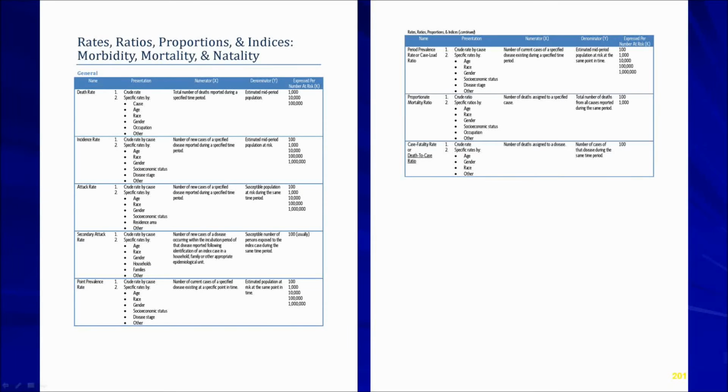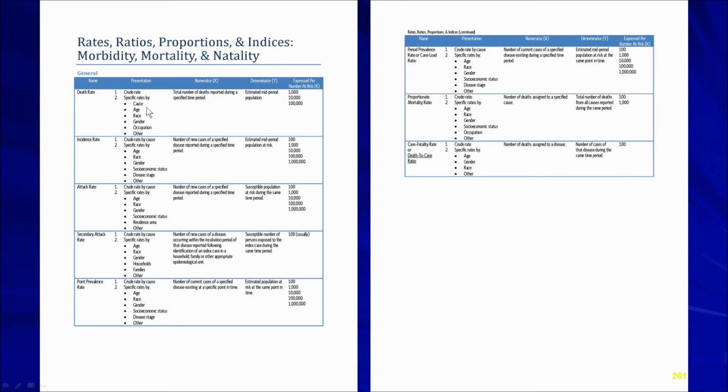Now, here's a table that takes a death rate, and there's about 18 formulas here, and you can see a death rate is crude, and then how you're going to make it specific is by all of these other factors.